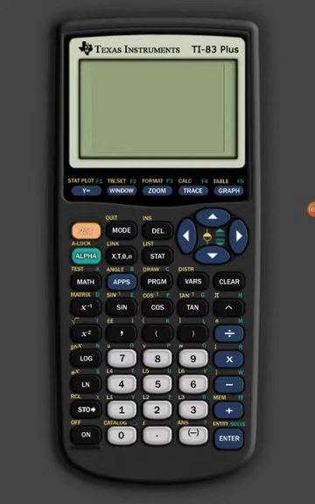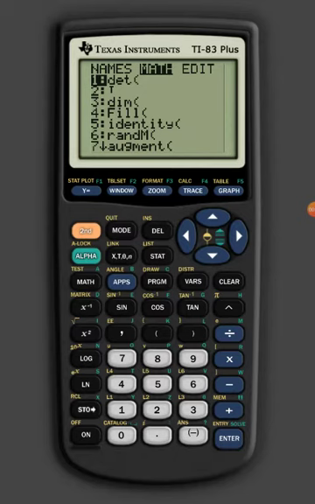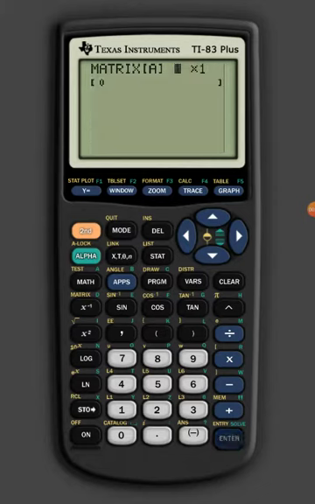We need to hit second, and then matrix is above x to the negative 1. And then I'm going to scroll over to hit edit. Choose the matrix that I want to edit. And the first thing that I need to edit is the dimension.